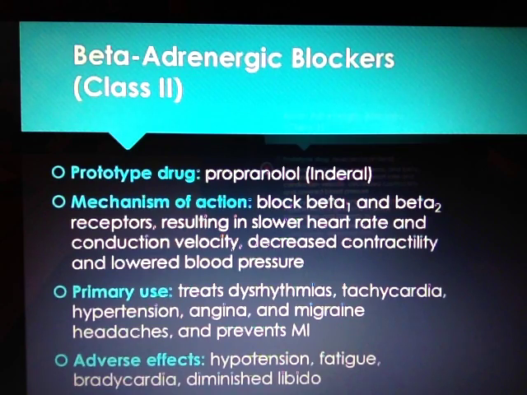It treats dysrhythmias, tachycardia, hypertension, angina, migraine headaches, and prevents MI. Adverse effects can be hypotension, fatigue, bradycardia, and diminished libido. And probably also something that's missing up there, because it also blocks beta 2 receptors, it can act on the lungs and cause bronchoconstriction.